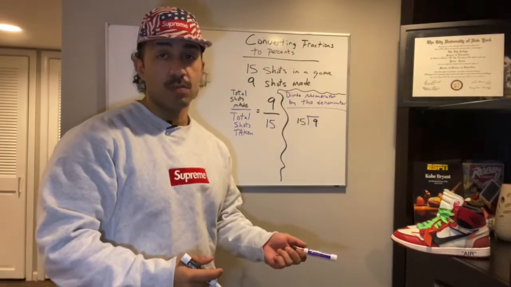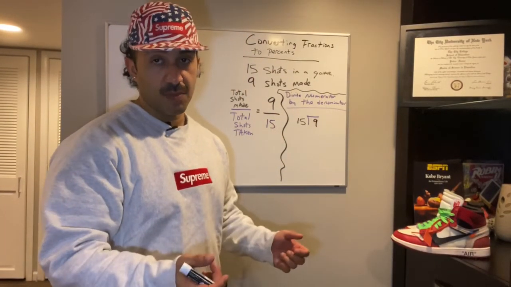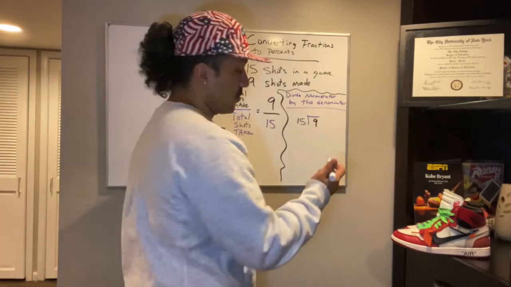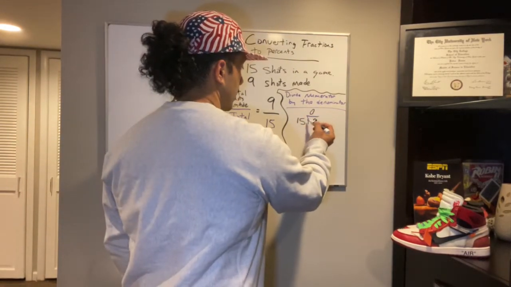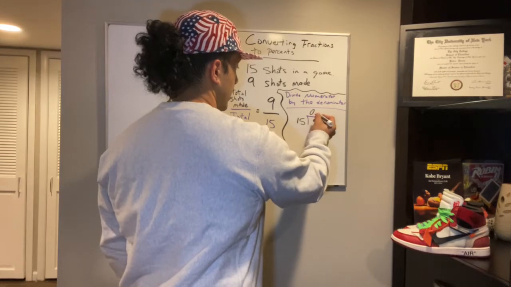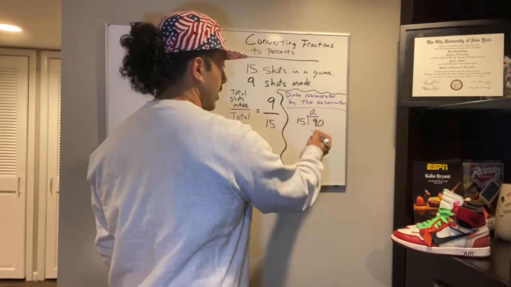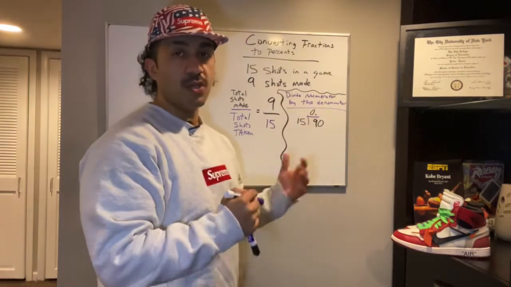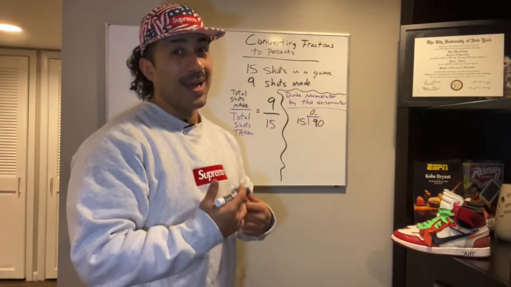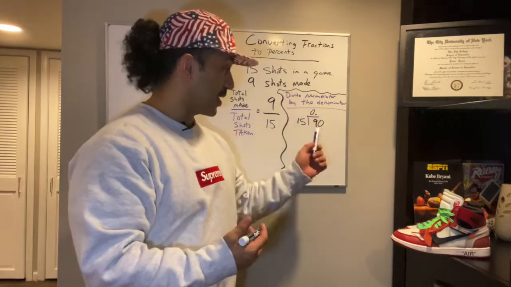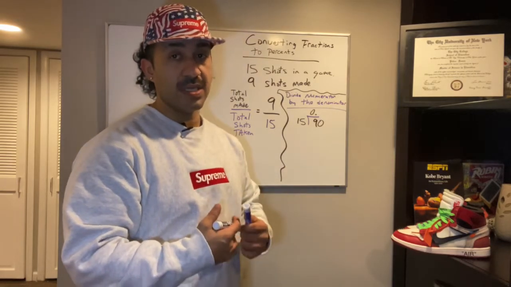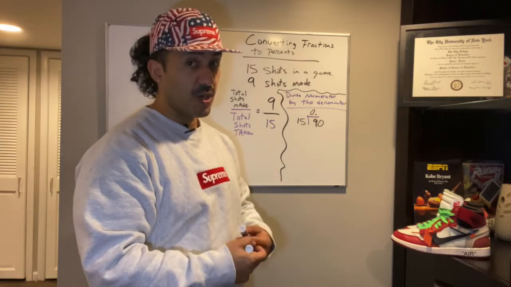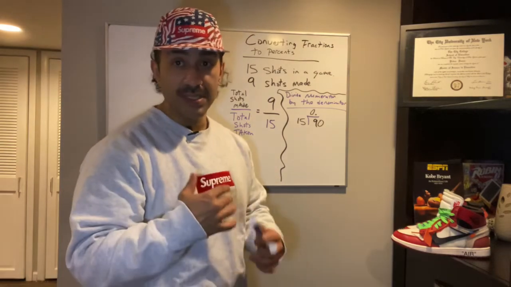We could do long division. Why not? 15 does not go into 9, which is going to give us 0 here and a decimal because I have to add a 0 there. So how many times does 15 go into 90? I'm going to tell you that 90 divided by 15 is 6. You can, however, put it into a calculator because a calculator is not cheating.